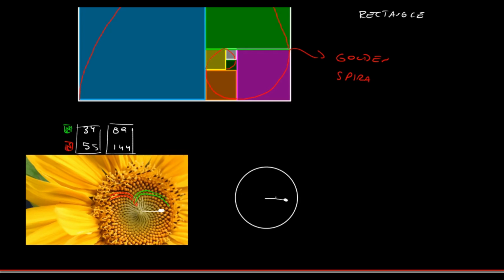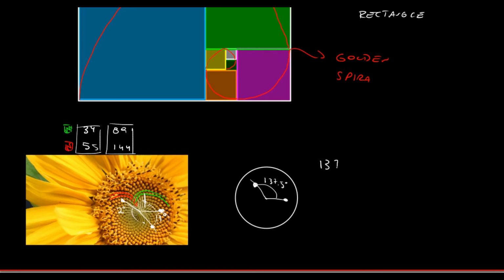The next one will always be at this angle, that is 137.5 degrees. So the next one will be somewhere around here. This one will always be the second one. And then the other one will be approximately here, and then here, and so on.